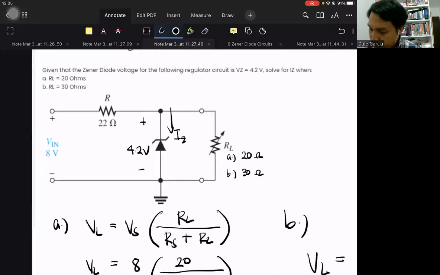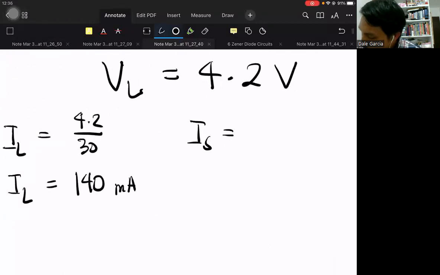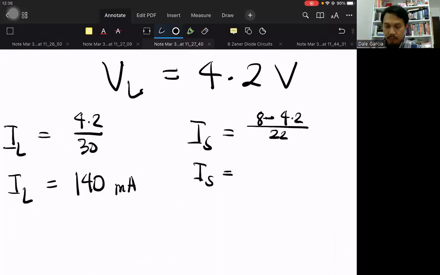So 8 minus 4.2 over 22 given. 172.73 milliamperes.